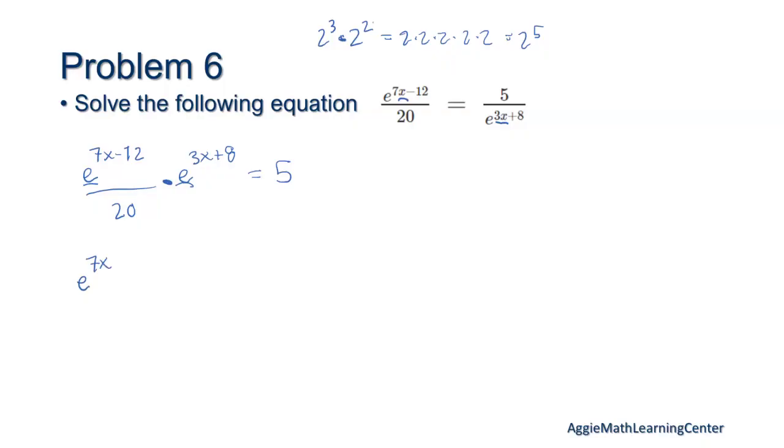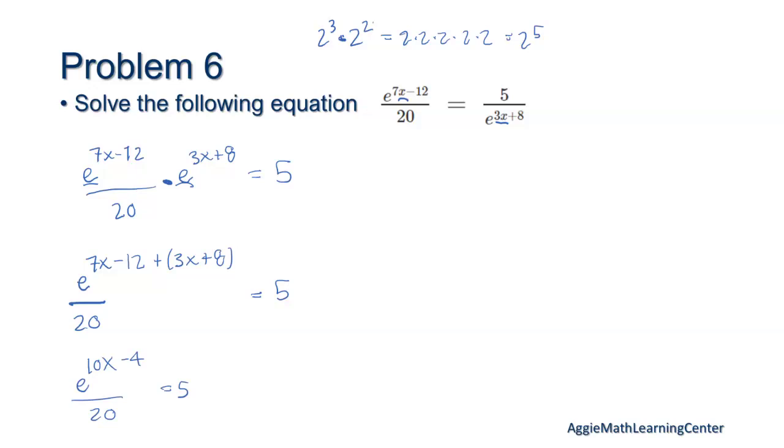e to the 7x minus 12 plus everything over here, 3x plus 8, all that over 20, equal to 5. Okay, now I'm just going to choose to simplify that. So 7x plus 3x is 10x. And then negative 12 plus 8 is negative 4, over 20 is equal to 5.